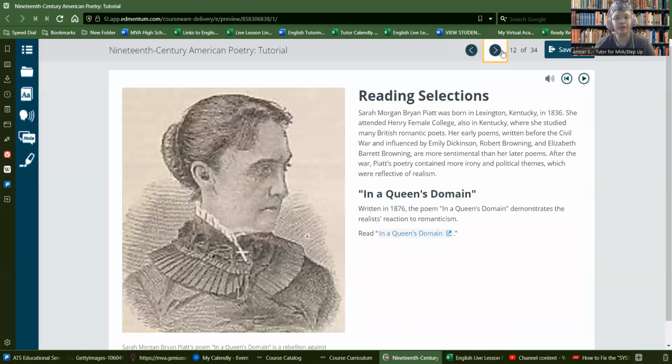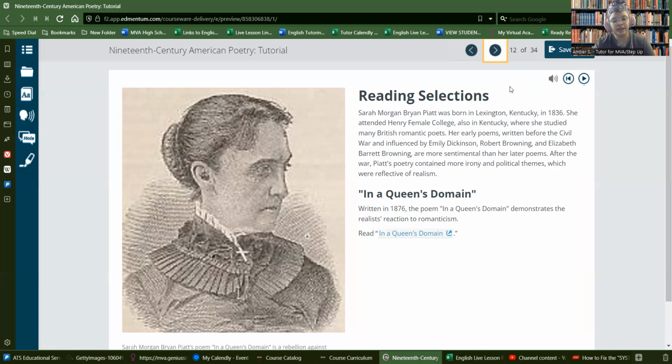Okay, here we're getting into the reading selections. So we're starting with Sarah Morgan Bryan Piatt, and she wrote a poem called "In a Queen's Domain." And so we're just going to go through this paragraph a little bit about her before we look at the poem. So she was born in Lexington, Kentucky in 1836.